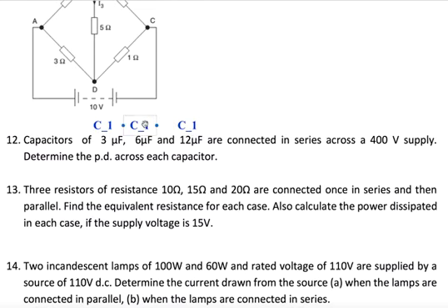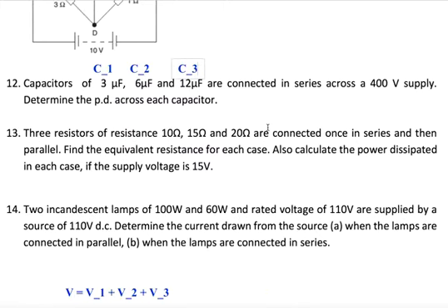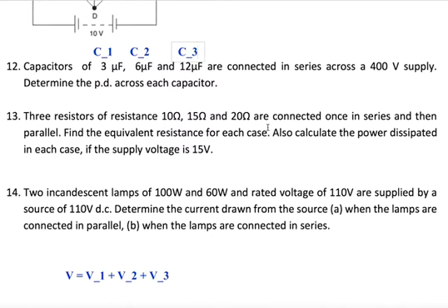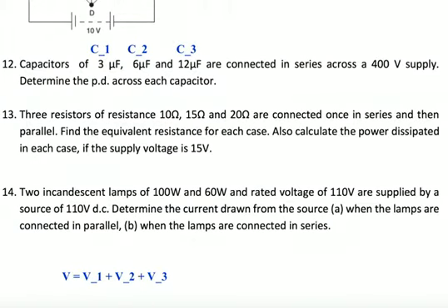So this is C1, this is C2, and this is C3. What is the charge? Since the capacitors are connected in series, the charge is equal. So C1 V1 equals C2 V2 equals C3 V3, which is the total charge.